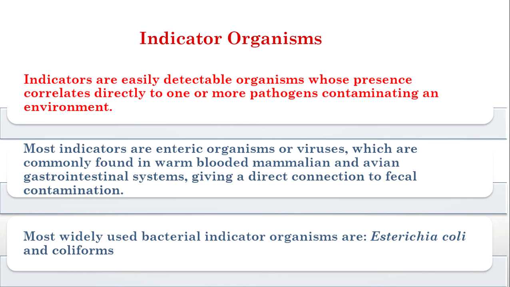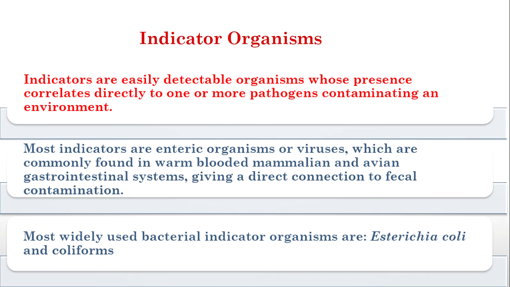Now we will move on to the indicator organisms. How can we find the presence of bacteria in water? There are some indicator organisms. Indicators are organisms which can be easily detected in water by means of some chemical tests. There are many kinds of bacteria growing in water, but we cannot find all the types of bacteria because there are no such chemical tests or procedures for finding all kinds of bacteria or viruses or other organisms.